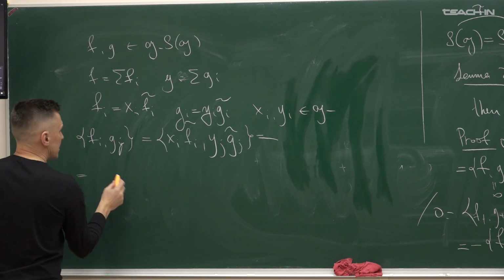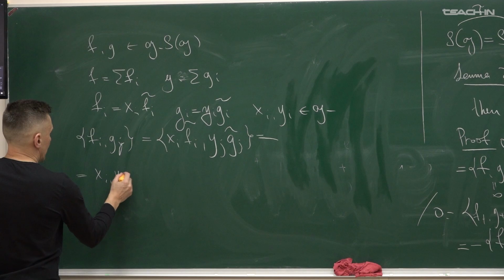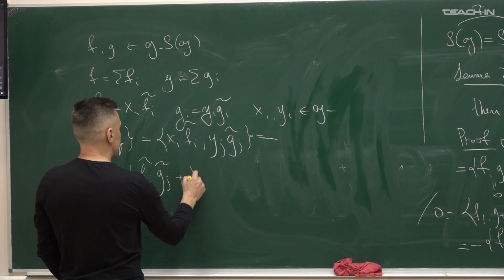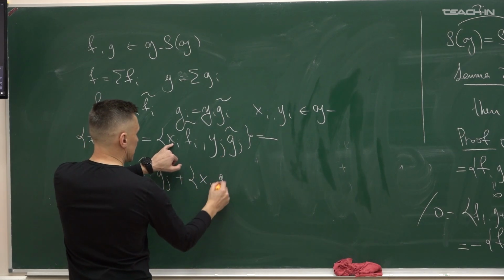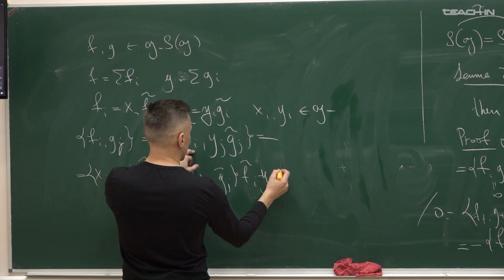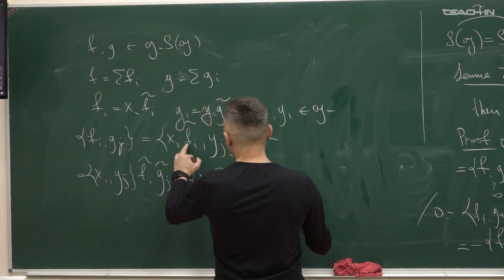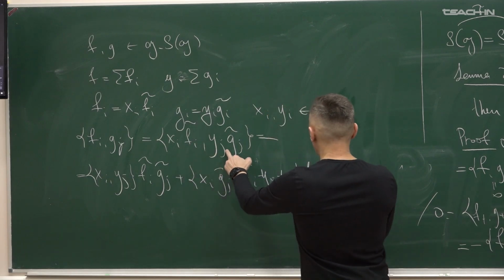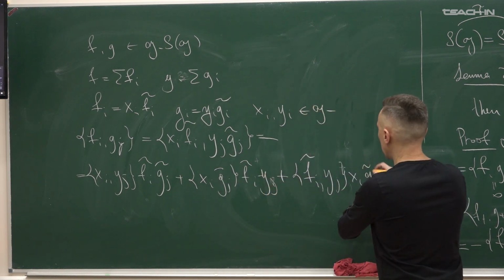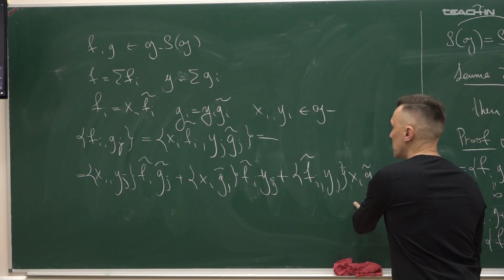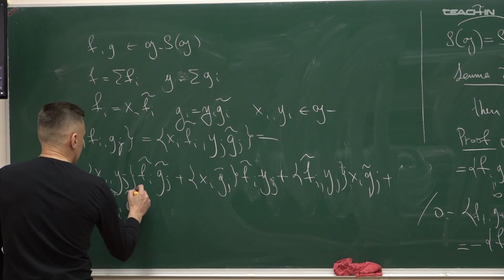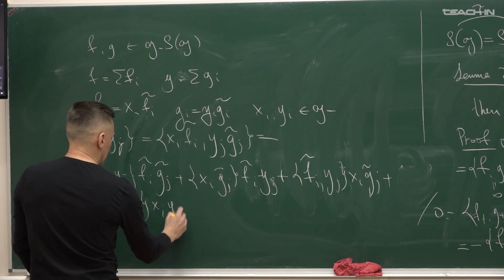So there are 4 terms: the bracket of xi, yj times fi tilde, gj tilde, plus xi with gj tilde times fi tilde, yj, plus fi tilde yj times xi, gj tilde, and the last term, plus fi tilde gj tilde times the bracket of xi, yj.